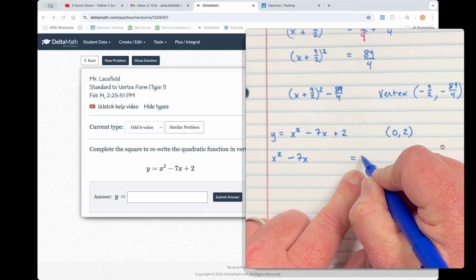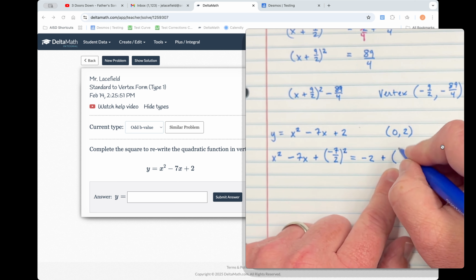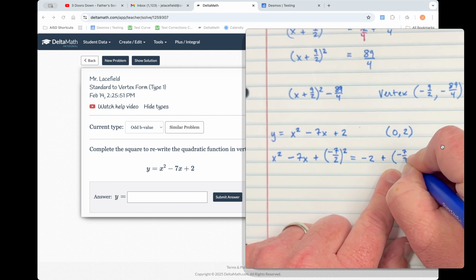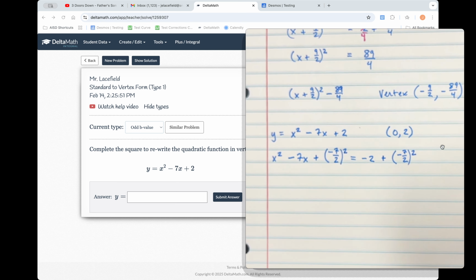And then we're going to add on both sides negative 7 divided by 2 times our a. Our a is 1 still. So negative 7 halves squared. Okay. And then on the other side, we're going to have negative 7 halves squared.